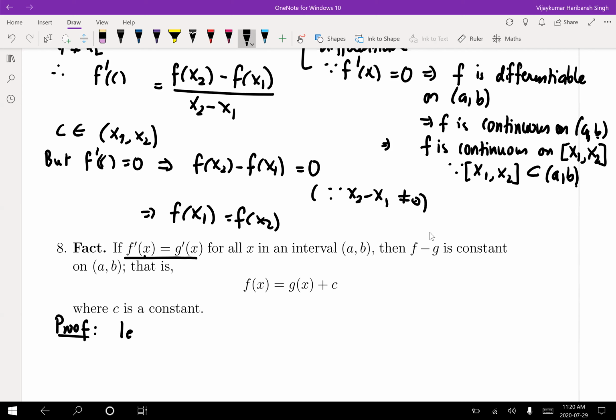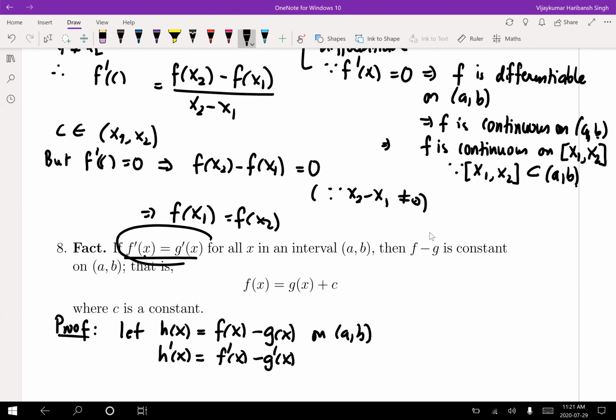So let h of x be f of x minus g of x on ab. Now consider h prime of x, which is going to be f prime of x minus g prime of x. And because of this part here, this becomes what? 0.